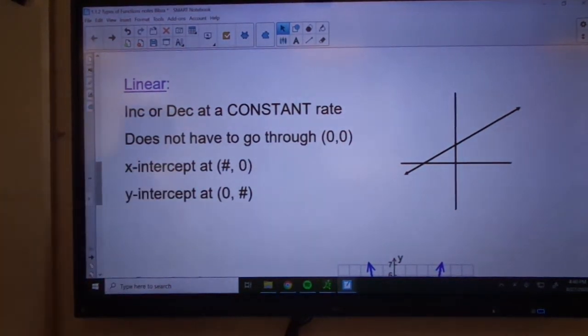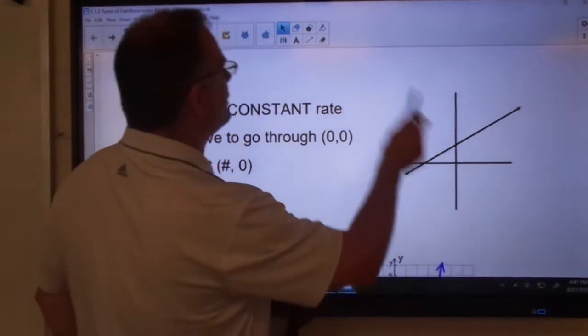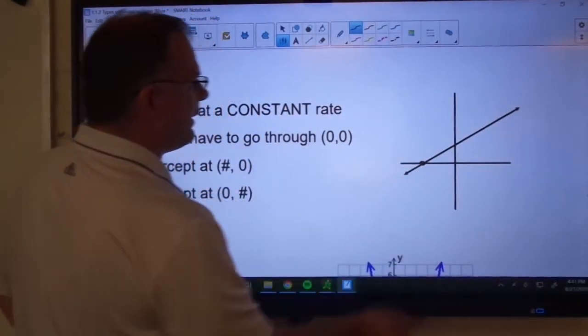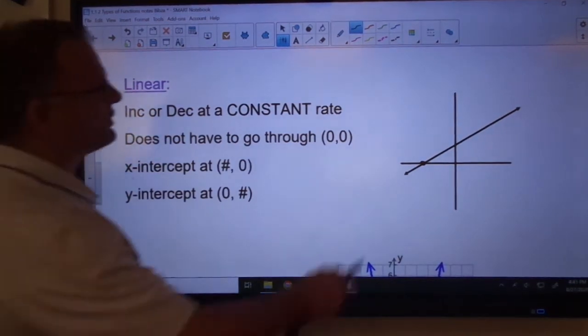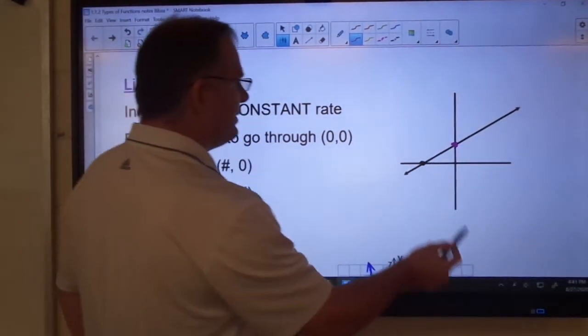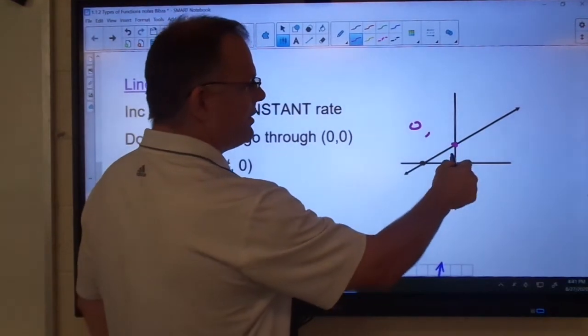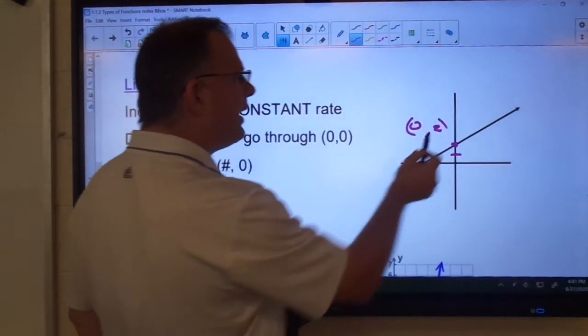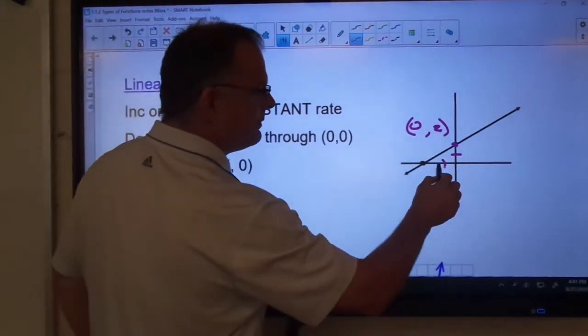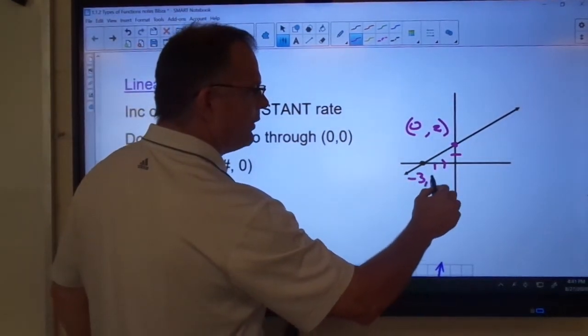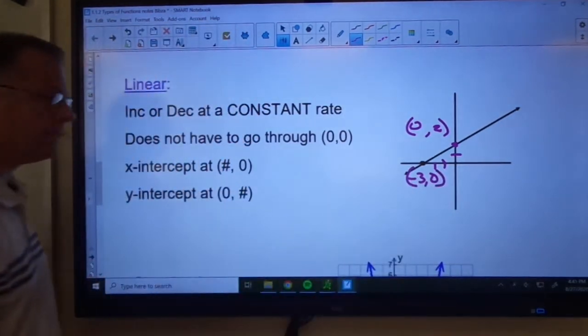It has an x-intercept someplace here where it crosses, and that is some number and then 0. It has a y-intercept here, 0 something, maybe it goes up 2. So we would say the y-intercept is the point 0, 2. This x-intercept might be, let's say, negative 3, 0. That's what it would look like.